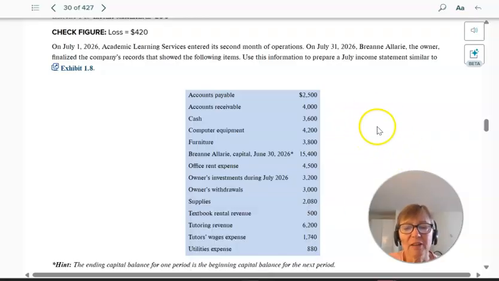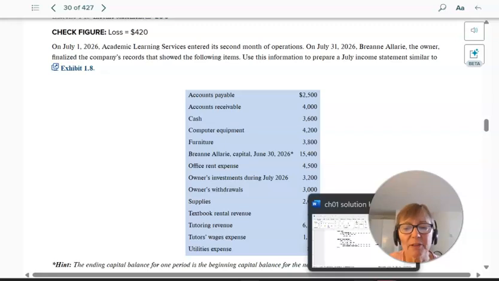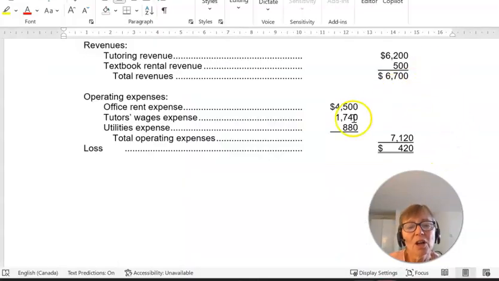So what they've done, if you have a look at your list, for most of it, it's actually in alphabetical order. Not all of it, but most of it. Okay. So we've got office rent expense, tutoring wages expense, utilities expense, total operating expenses is 7,120.